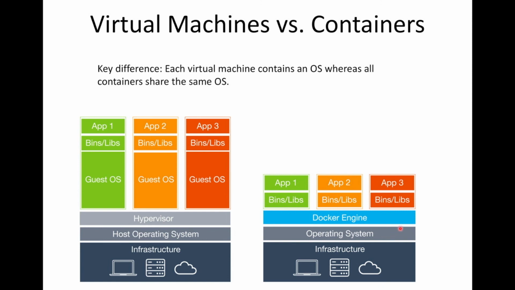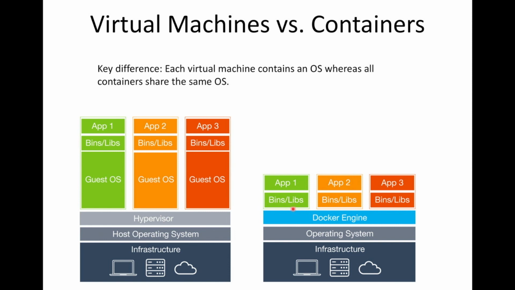Now, in a containerized system, we have our physical server, we have our operating system, which in most cases is a Linux operating system when running Docker. And then we have something that's kind of similar in some ways to a hypervisor. In this case, we're using a Docker engine. The Docker engine is going to sort of manage the containers that are running on the system.